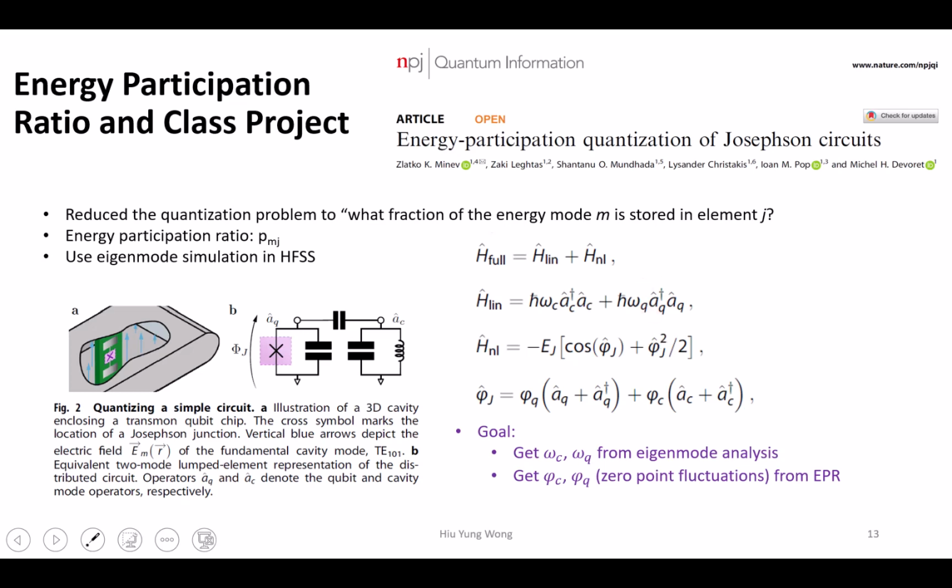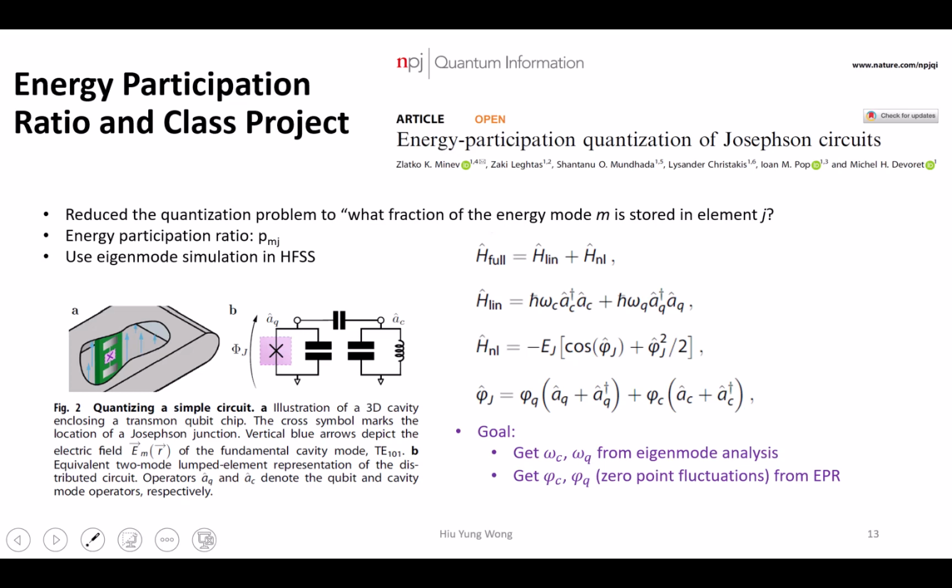Same for here, when the theory is developed, you need to go through all this. But then eventually it's broken down into: what is the fraction of energy for the energy mode M stored in element J?